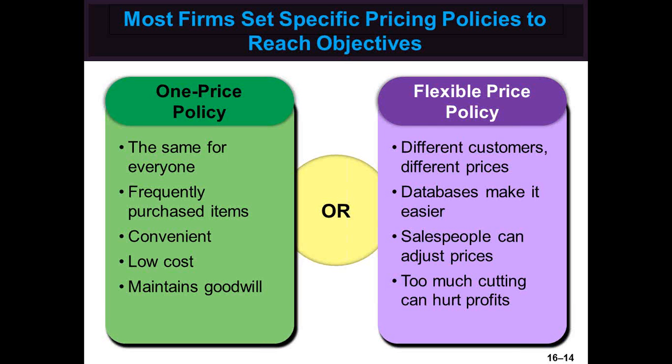However, too much price cutting may erode profits. A flexible price policy may prompt resentment by customers who do not get the lowest price. Channel conflict may also result, or an unauthorized gray channel may evolve if customers buy in large quantities to get a price break and then resell what they don't need.